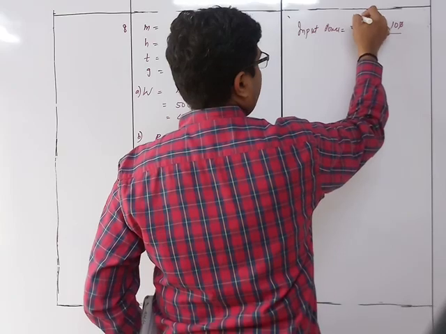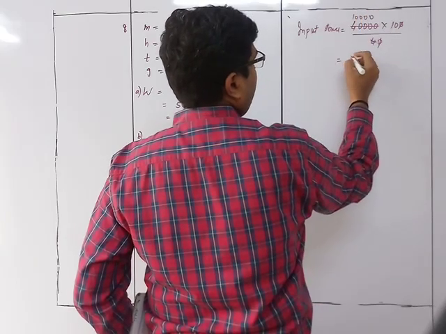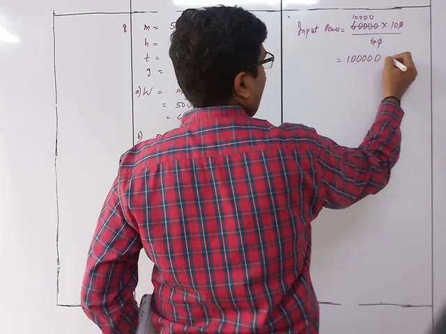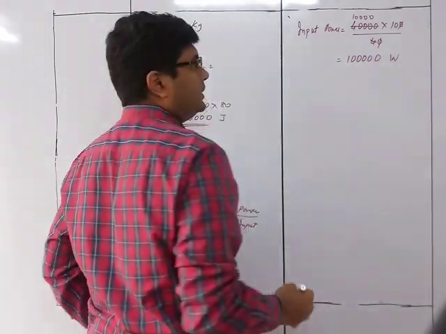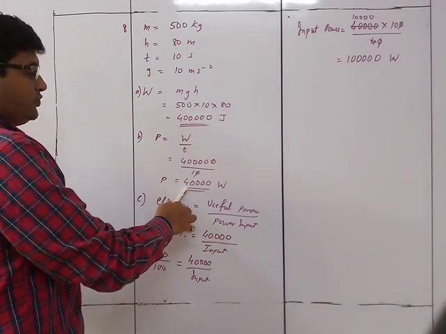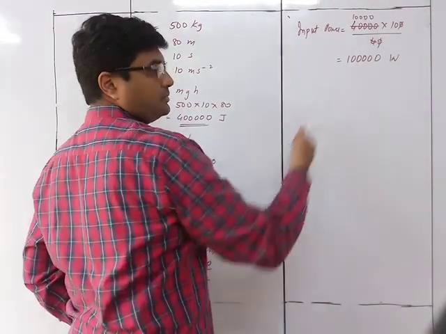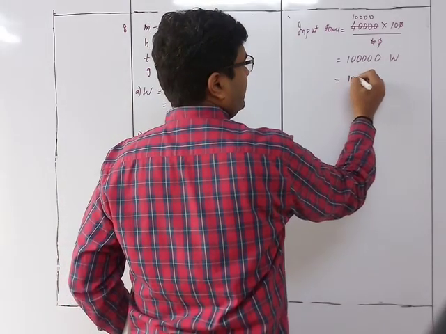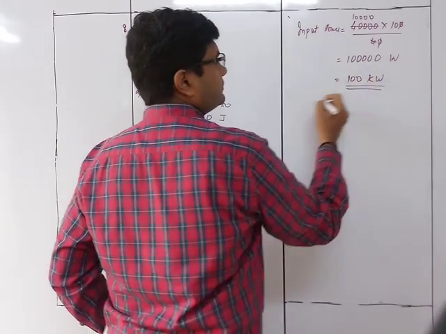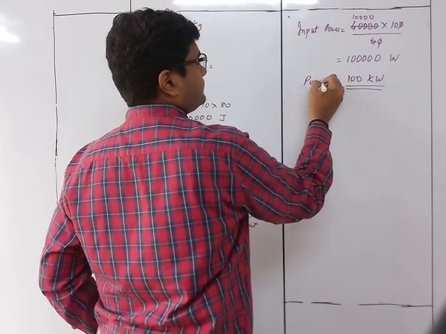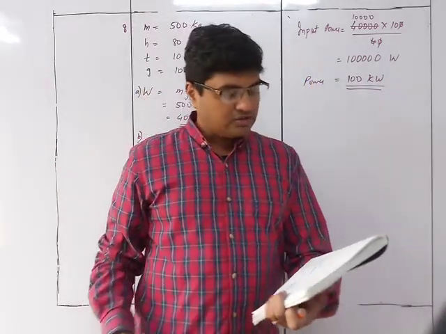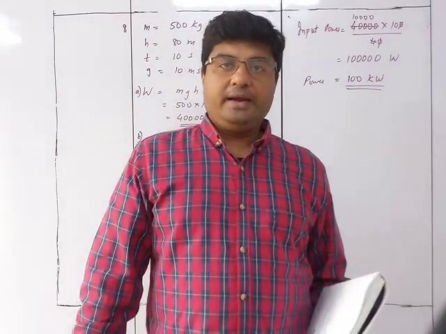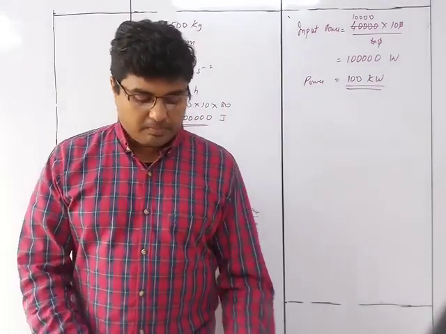This is 10,000 into 10, so 10 to the power 5 watt. You can see this was 40,000, but this is 100,000, 1 lakh, or we can say 100 kW. The question was to find the power rating, so the power rating is 100 kW. So this was question number 8.